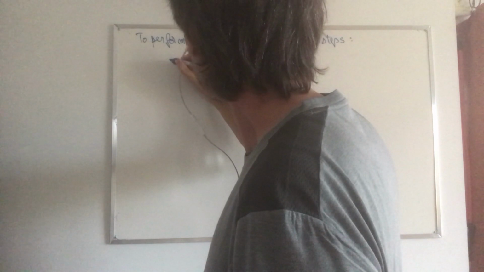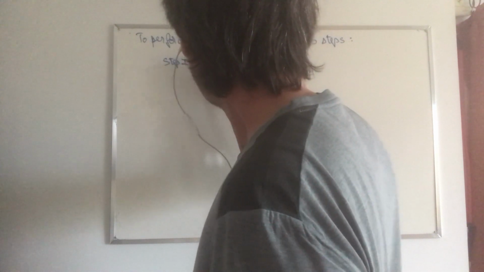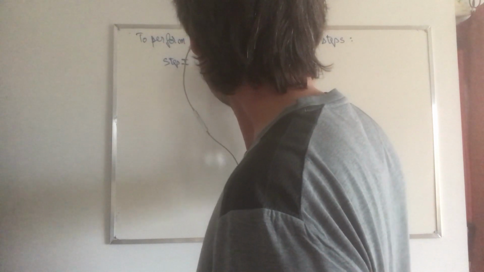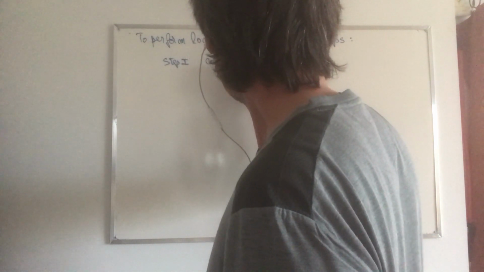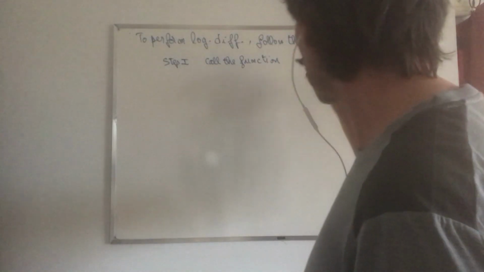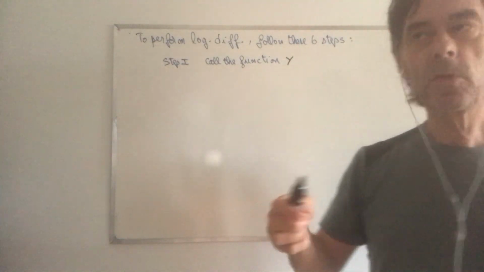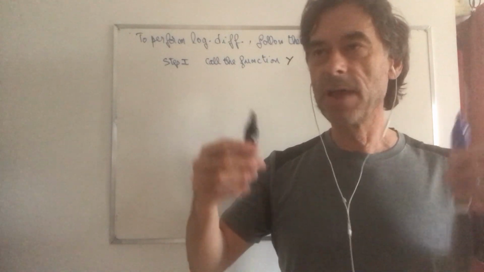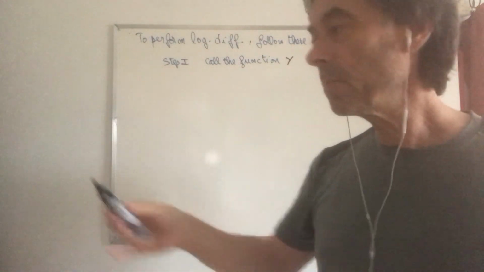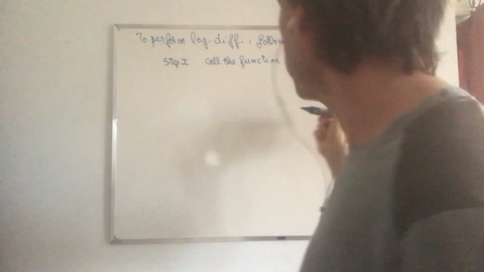What are the steps? Step 1. Call this function y. Whatever they give you to derive, like x to the x, or root x to the sine x, don't call it h of x, don't call it f of x or anything. It must be called y. You're going to see an example how this pans out.